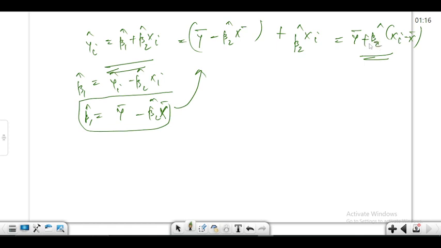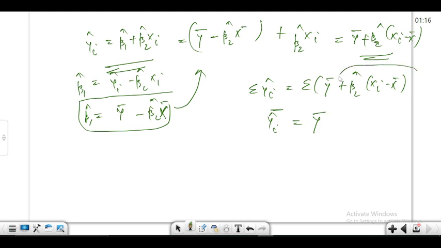So if I sum both sides, summation yi hat is equal to summation of y bar plus beta 2 hat xi minus x bar, I will get the mean of yi hat is equal to y bar, because the summation of this term will become 0.